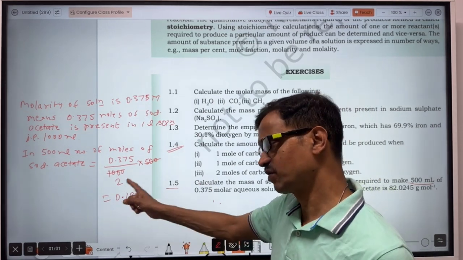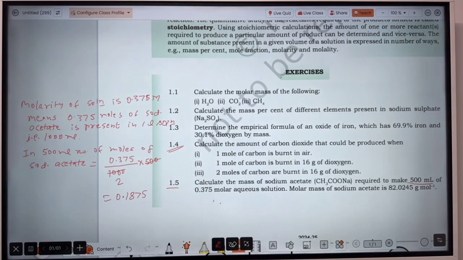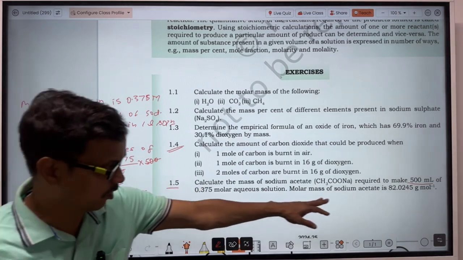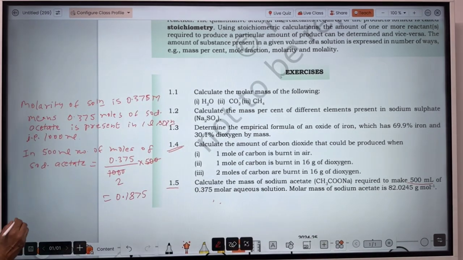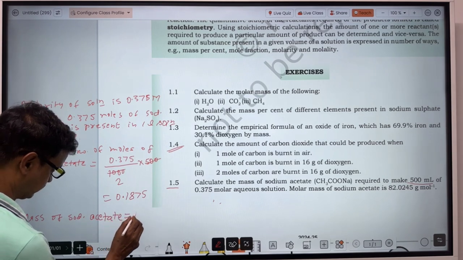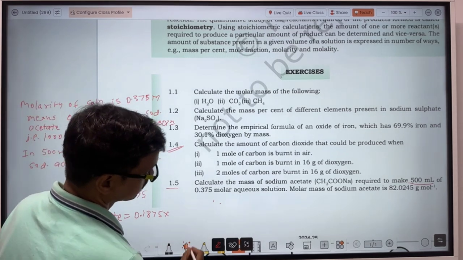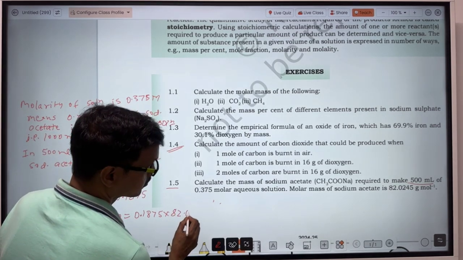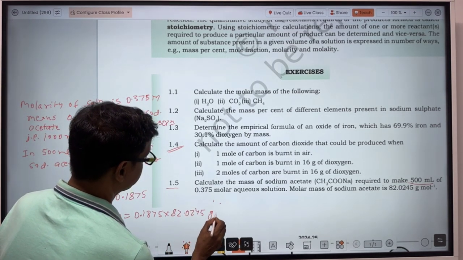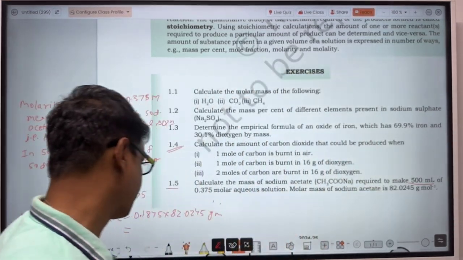Now its mass will be the number of moles into the molar mass. So the mass of sodium acetate will be this one into the molar mass. Calculate that, multiply that, and that will be the answer.